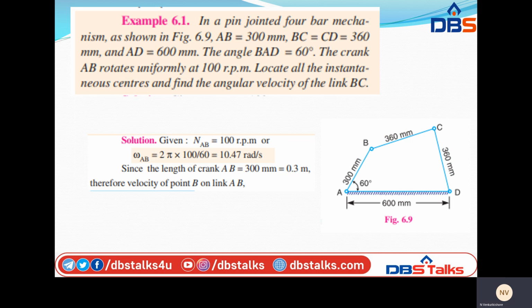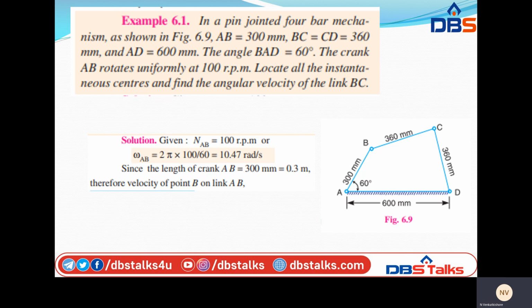So, for explaining this, now we are taking a problem. In a pin-jointed 4-bar mechanism, a diagram has been given, and in the mechanism one link is to be fixed. Here the link AD is fixed, AB length 300 mm, BC equal to CD equal to 360 mm, and AD is 600 mm.